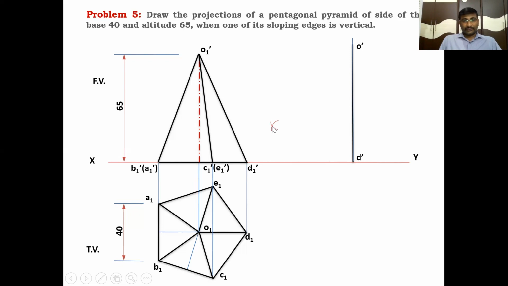After getting the third corner, locate this point as B dash of A dash.